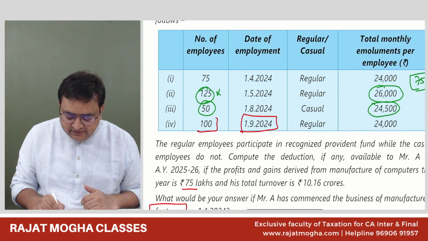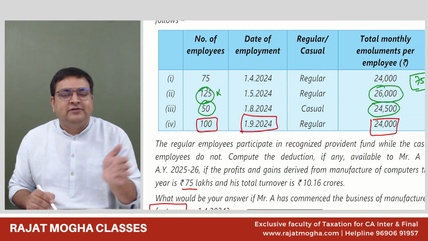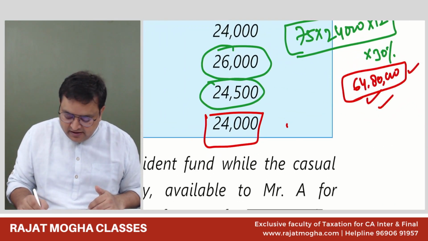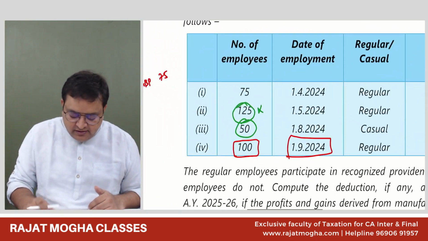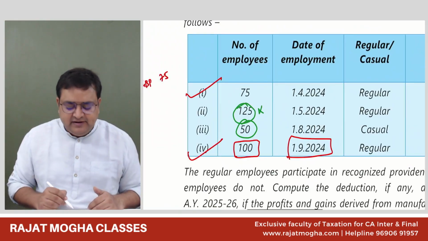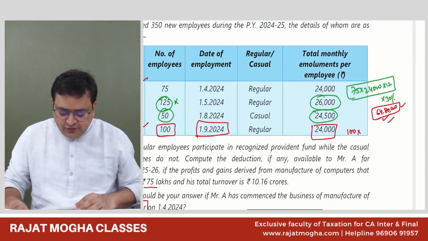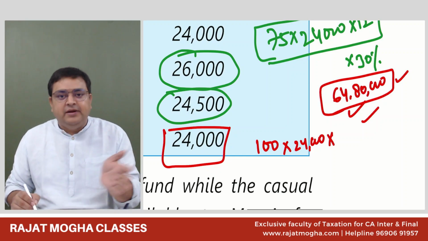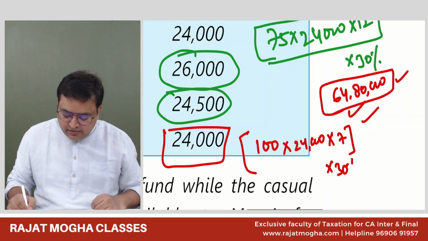So 100 employees are getting 24,000 per month, and from September onwards means 7 months. Just calculate that there are 100 employees. See, now in case of footwear, these people are eligible, first and fourth point employees are eligible. So 100 into 24,000, into how much? 12 or 7 from September onwards? 7. 7 into 30%, 50 lakh 40,000.